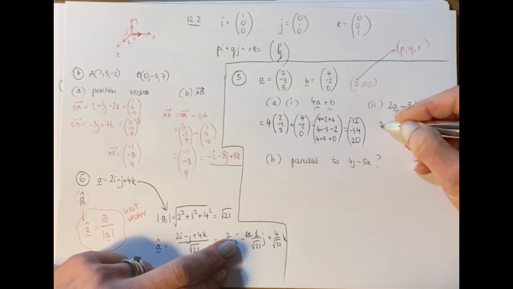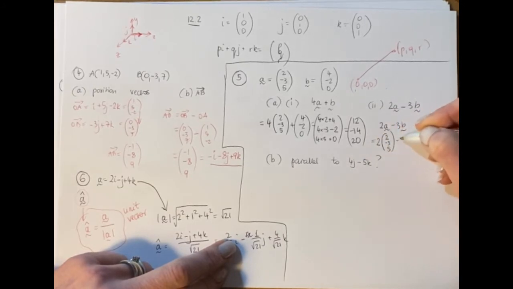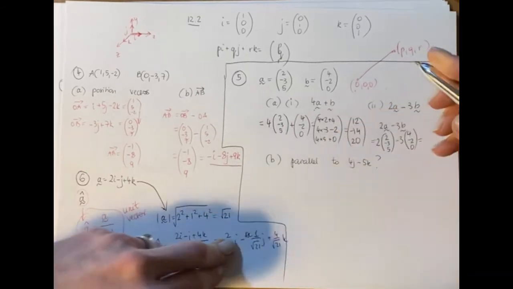Okay, doing this one, 2a minus 3b is going to be 2 times a, so 2, minus 3, 5, minus 3 times b. I'll do this one a bit quicker, but obviously you could write it as a combined version.